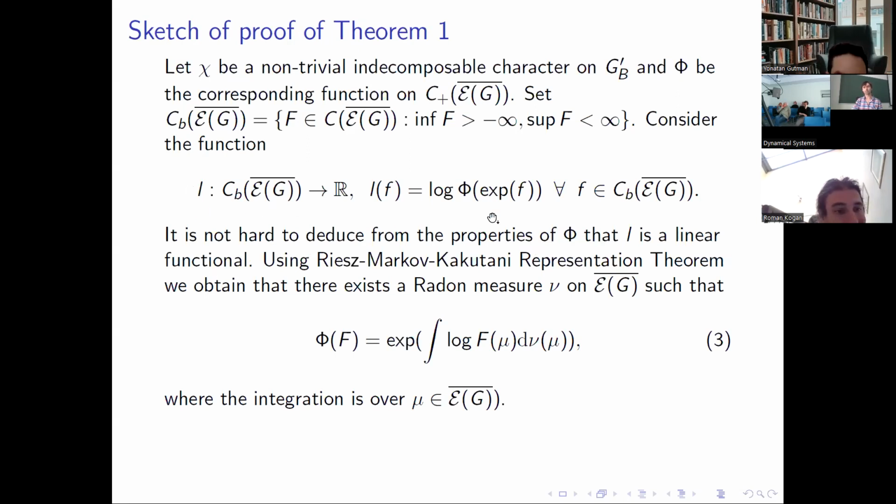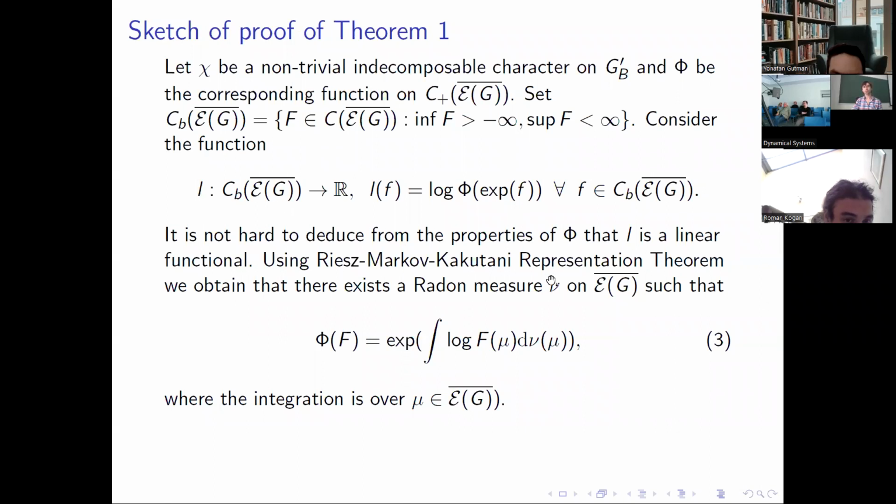So from multiplicativity and other properties of phi, we deduce that L is a linear function. It's a continuous linear functional on a Banach space of bounded continuous functions on some compact.